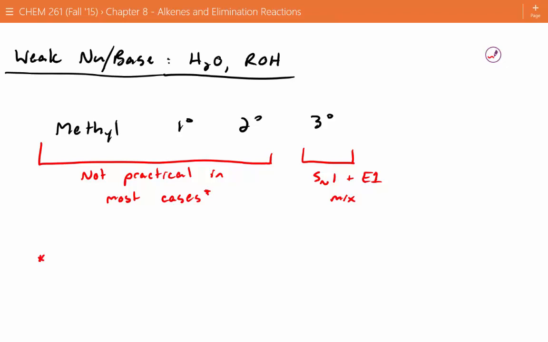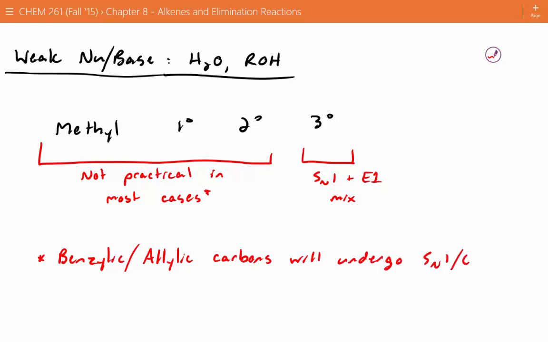And in what case can we observe an SN1 or an E1 reaction on a secondary carbon? Resonance. So benzylic or allylic carbons will undergo SN1 or E1.